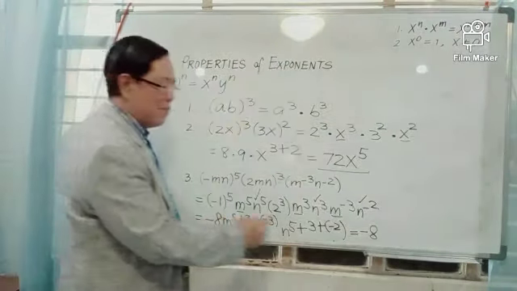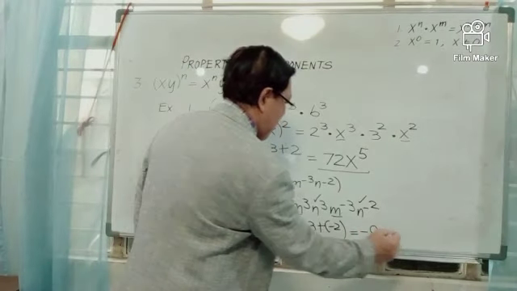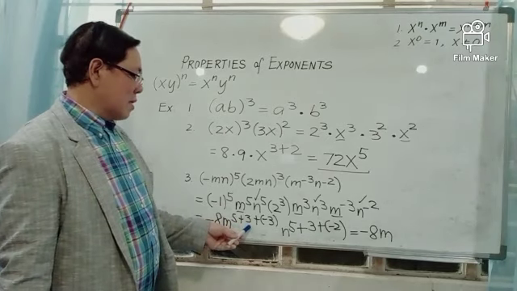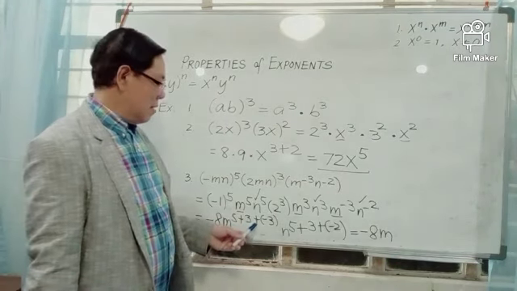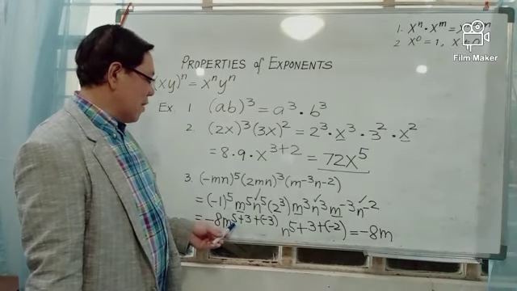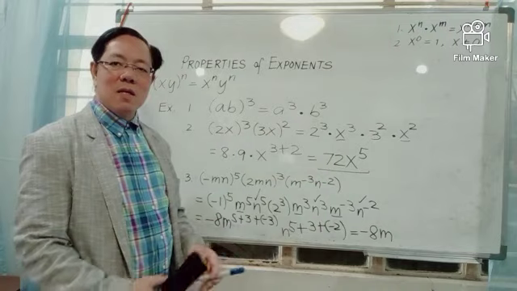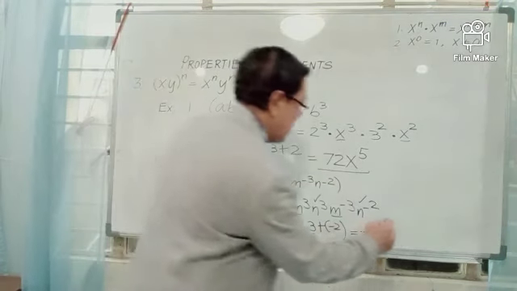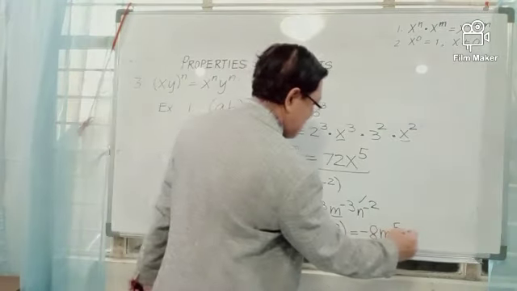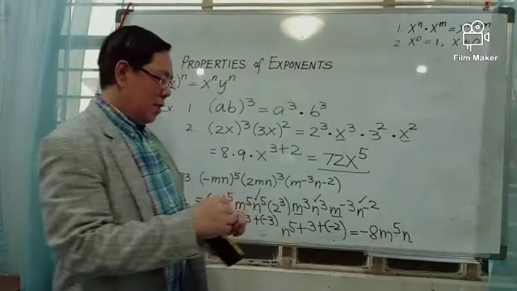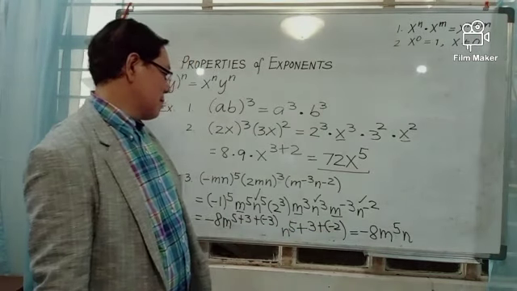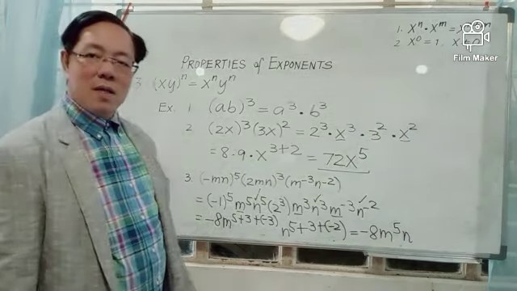And we simplify further, negative 8 multiplied by m to the power: add 5 plus 3 is 8. Positive times negative is negative 3. So we get 5 plus 3 minus 3 is 5. m raised to 5 multiplied by n to the power 5 plus 3 is 8.